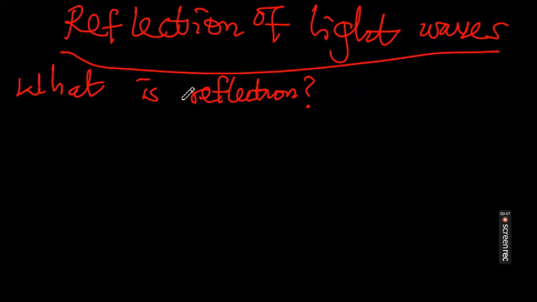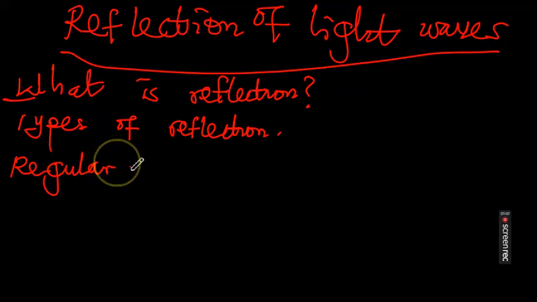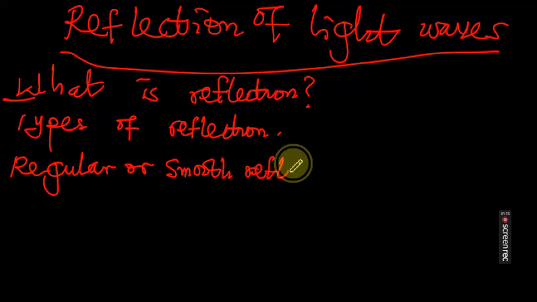plane surface. And basically there are two types of reflection. You have the regular, or what we call smooth reflection.